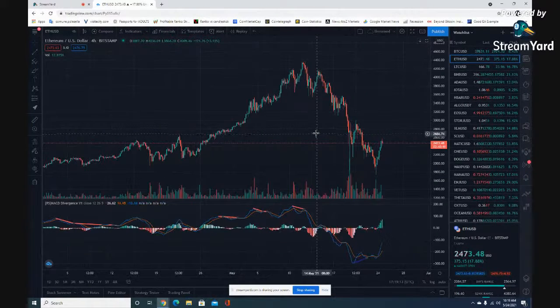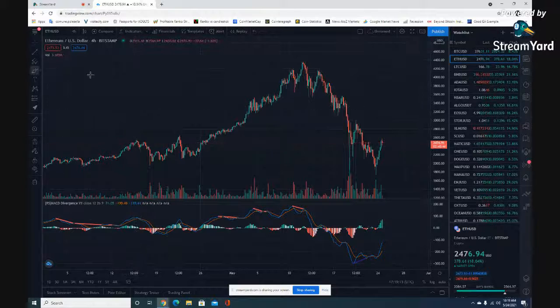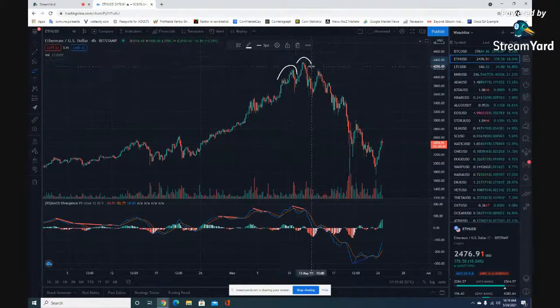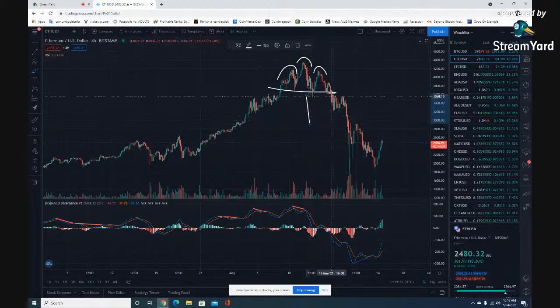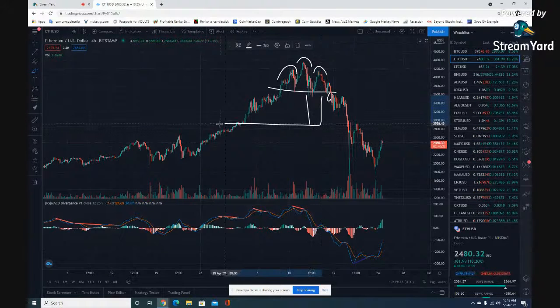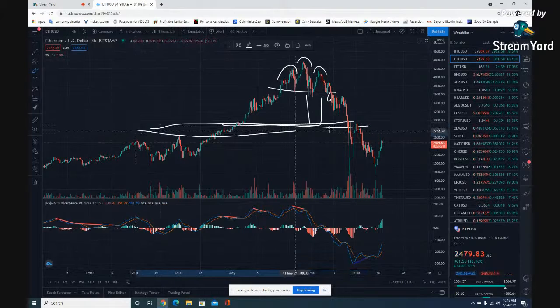Look at this one here, talking about what kind of pattern the market was telling us everywhere. This is the 4 hour time frame. This is what happened with Ethereum, guys. This is not anything new, this is just accumulation and distribution. This one went to this side, and then you had a nice entry over here, a nice opportunity, and it usually stops at the next resistance and support.